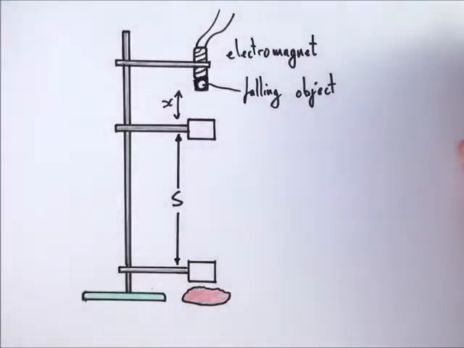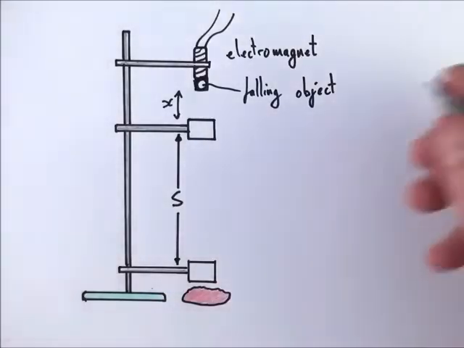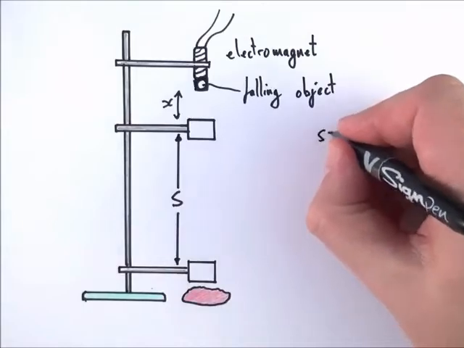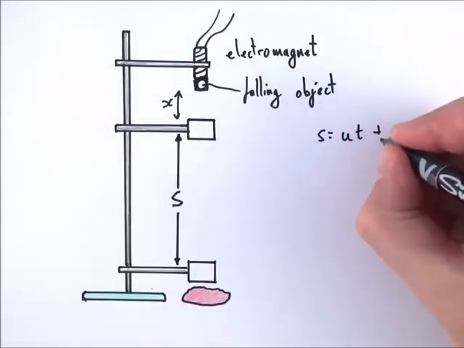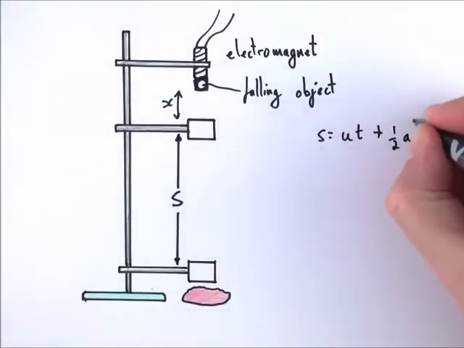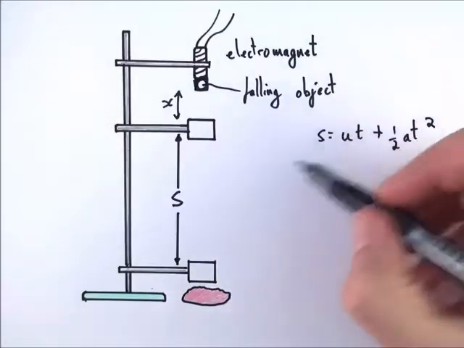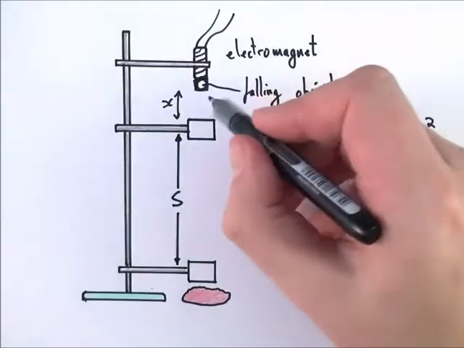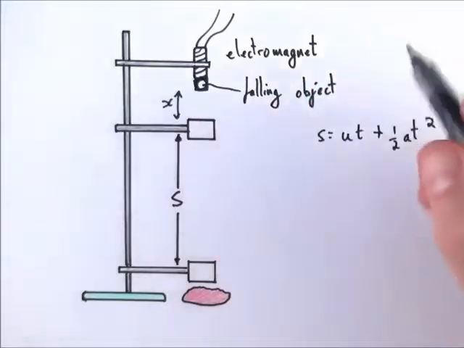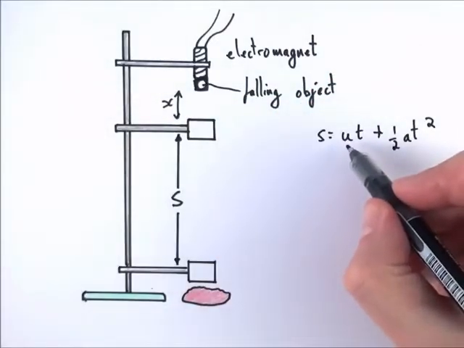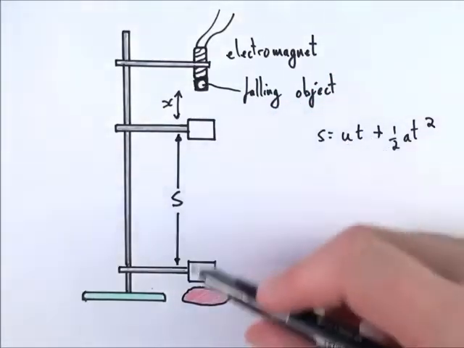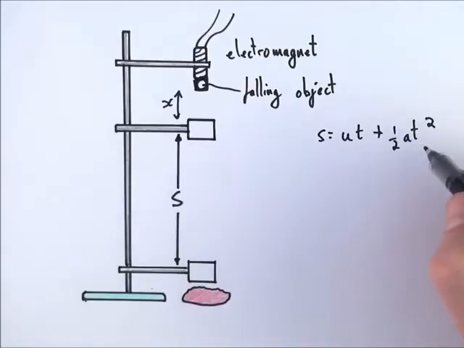So in terms of the theory, we can think about our suvat equations. S is equal to ut plus a half at squared, where s is just this distance here. By the time this object meets the top light gate, it's travelling at a velocity u, its initial velocity. We can measure the time between the light gates and use that to find the acceleration.